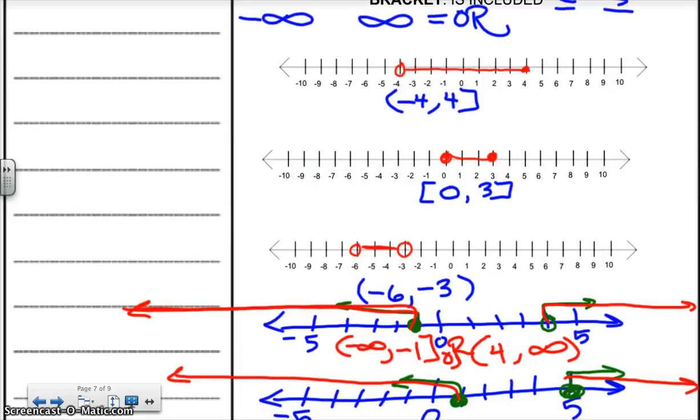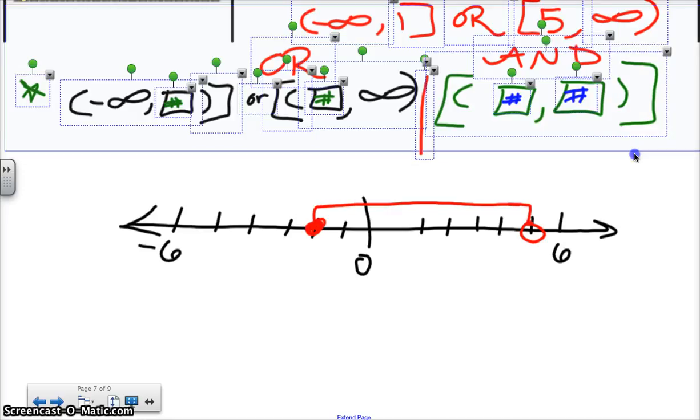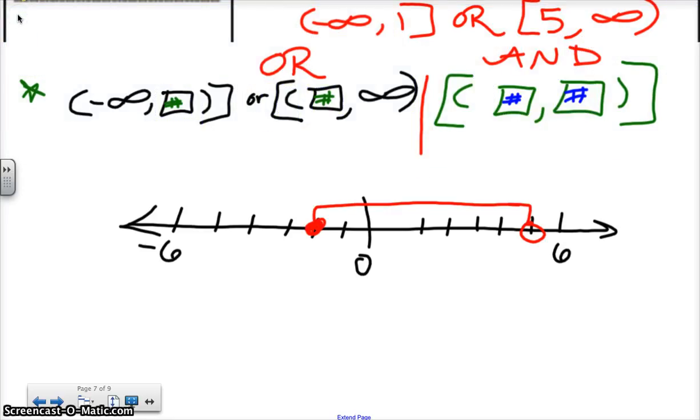I've already seen students mess this up with how we wrote that. I'm really feeling nervous because kids are actually writing it as parentheses, brackets, and you can't do that. It's one or the other, okay? An and statement is a number, comma, a number.